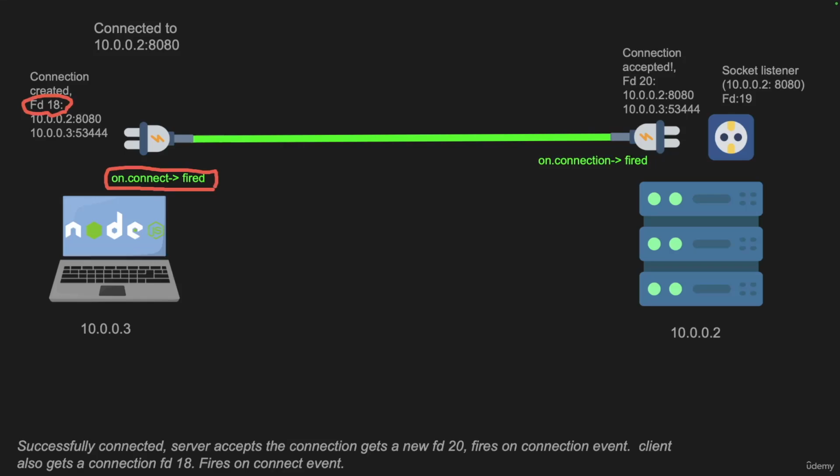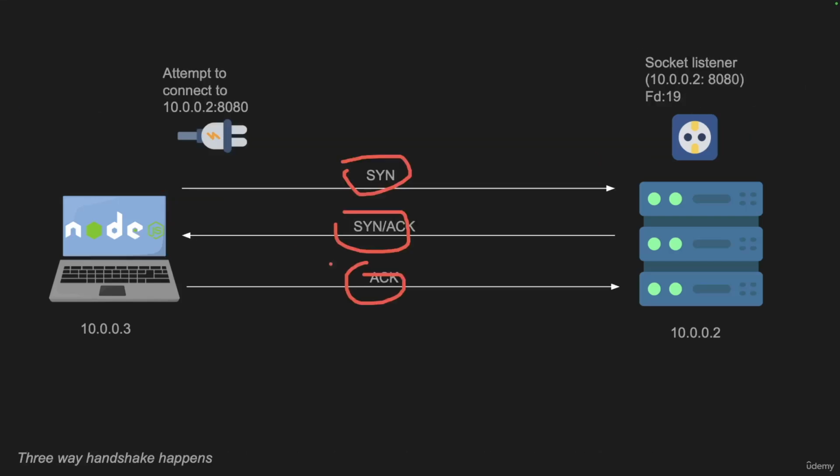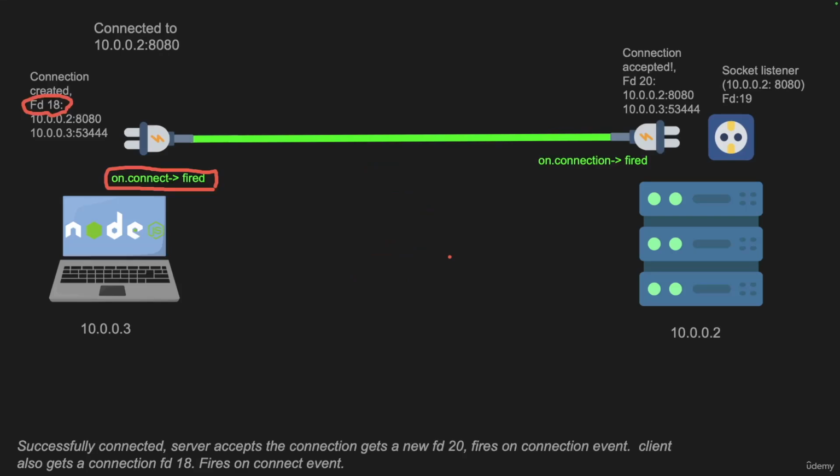We're going to talk about how Node does it, guys. When are these events actually firing? It's when that connection is completely established. So if there was a problem here, let's say we never received this, that event will never fire.